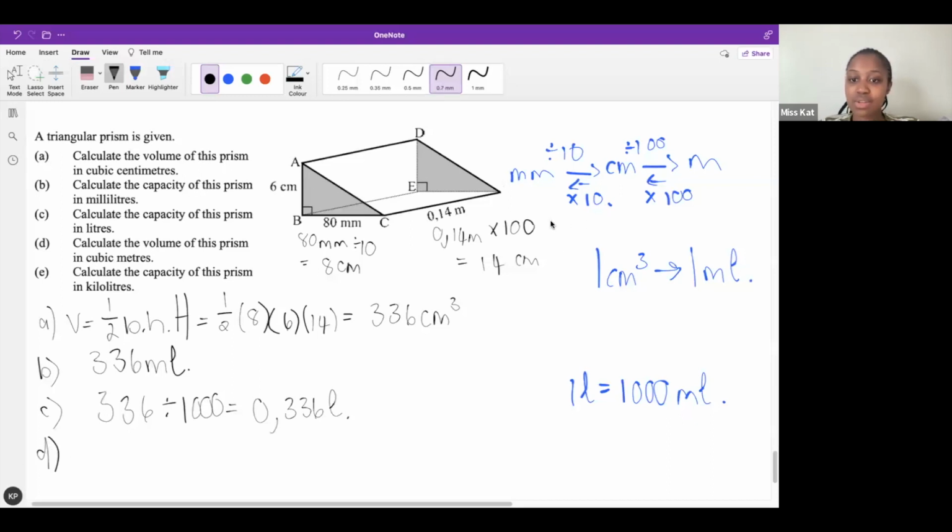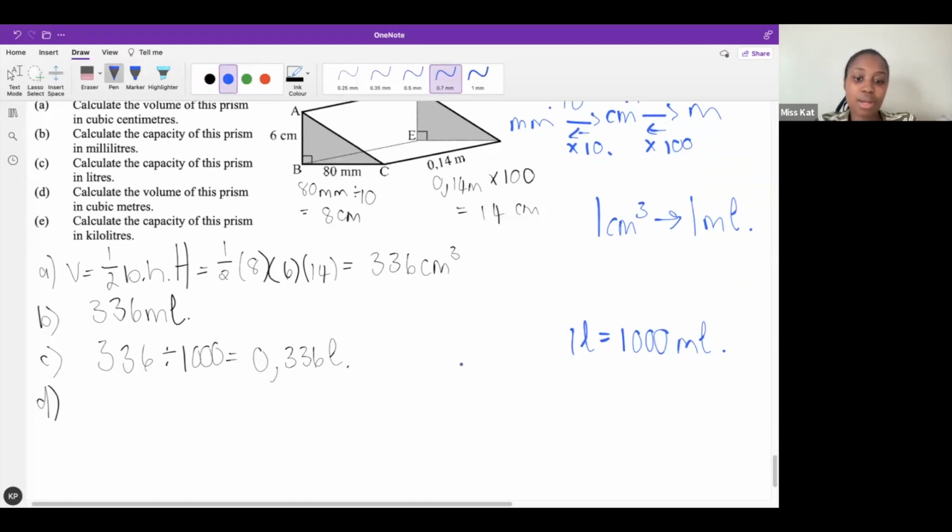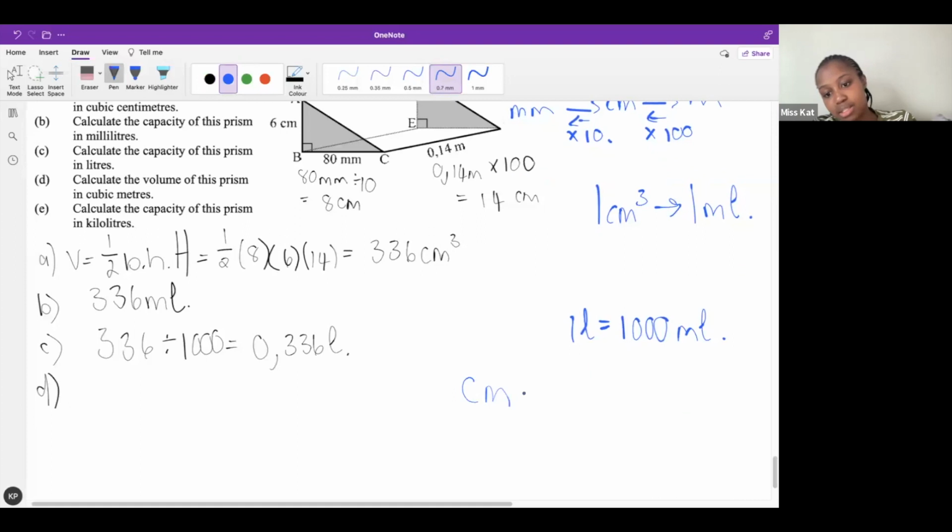So brave. Only one with hand up. Yeah. Number D, calculate the volume in cubic meters. Now, I don't want you guys to go and convert all of the units. We learned how to convert. So at this point, we have cubic centimeters. We want to go to cubic meters. So how do I get from centimeters to meters again?